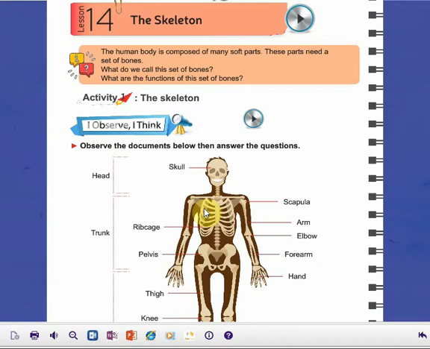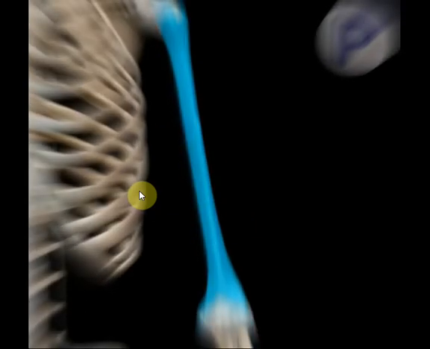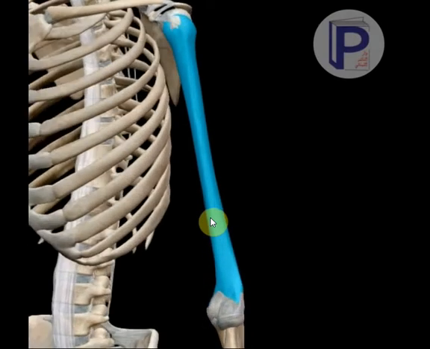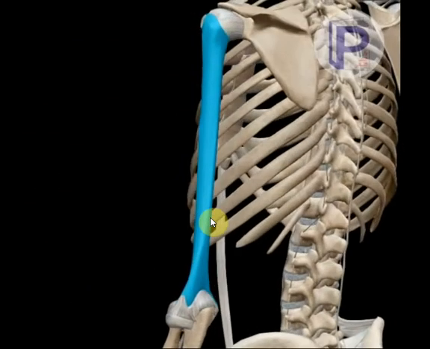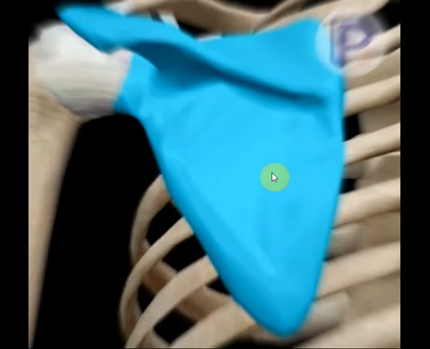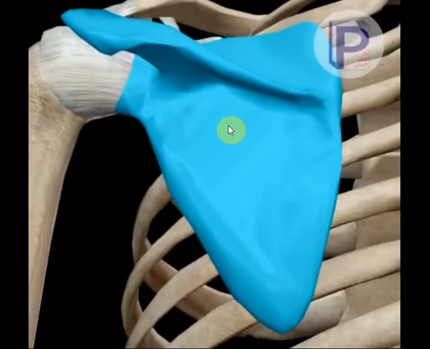First, let's watch a video together in order to recognize the different kinds of bones. We have many kinds of bones in our skeleton. The femur, for example, is a long bone. So the first kind is long bones. The scapula is a flat bone.